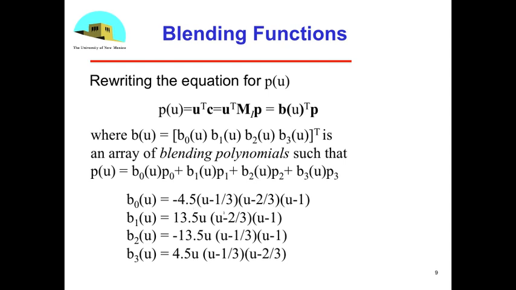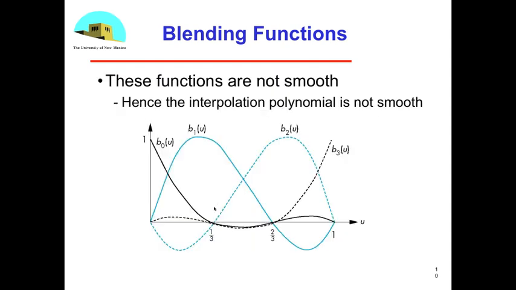This will multiply to 1. Then likewise at U equals a third, B0, B2, and B3 have to be 0, so it has to interpolate B1, and so on. So these do interpolate, but if you look at the functions and you just plot the four of them out over 0 to 1, they look like this.